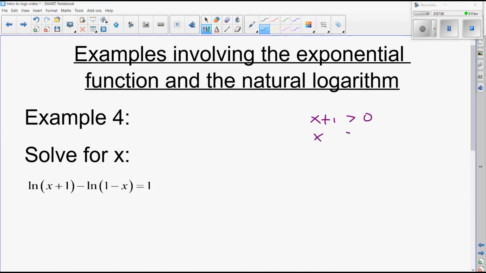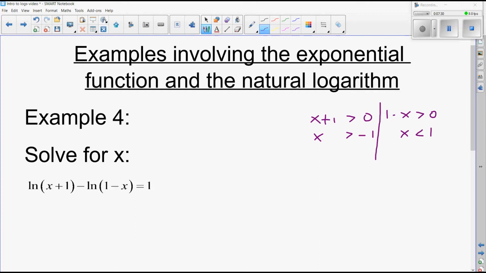So I have that x must be greater than negative 1. My second restriction will be that 1 minus x also has to be greater than 0. And if I simplify this, I see that 1 is greater than x, or x is less than 1. So my solutions will lie between negative 1 and 1.